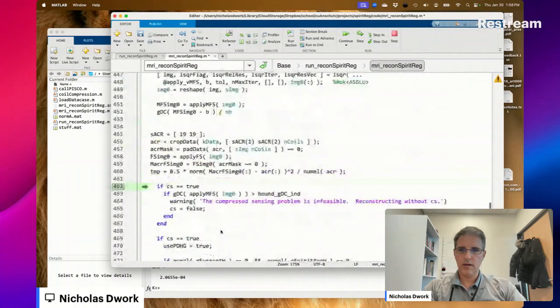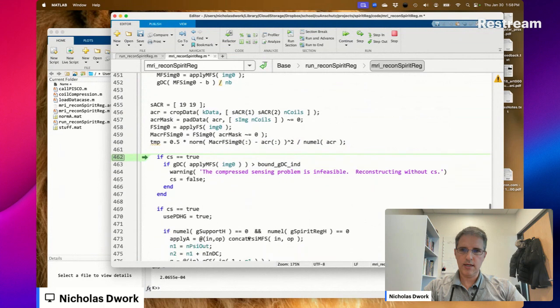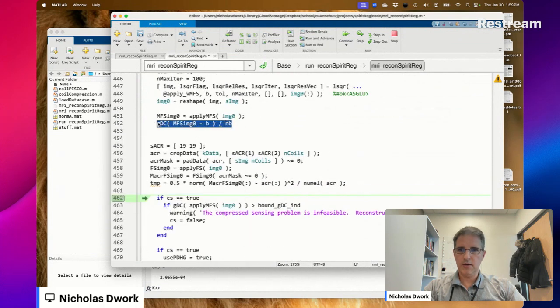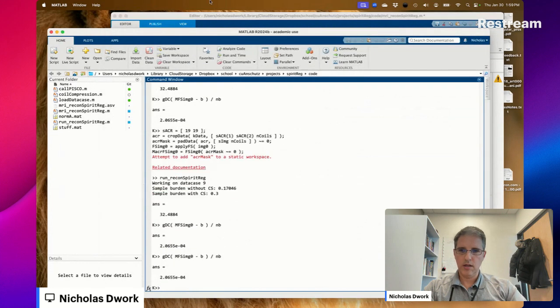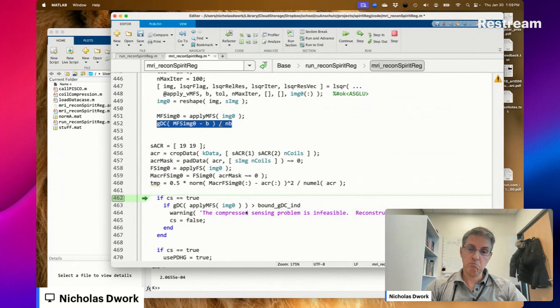Okay. So temp is 8 times 10 to the negative 6. This value is 2.6 times 10 to the negative 4. So the values outside the ACR are wronger than the values inside.